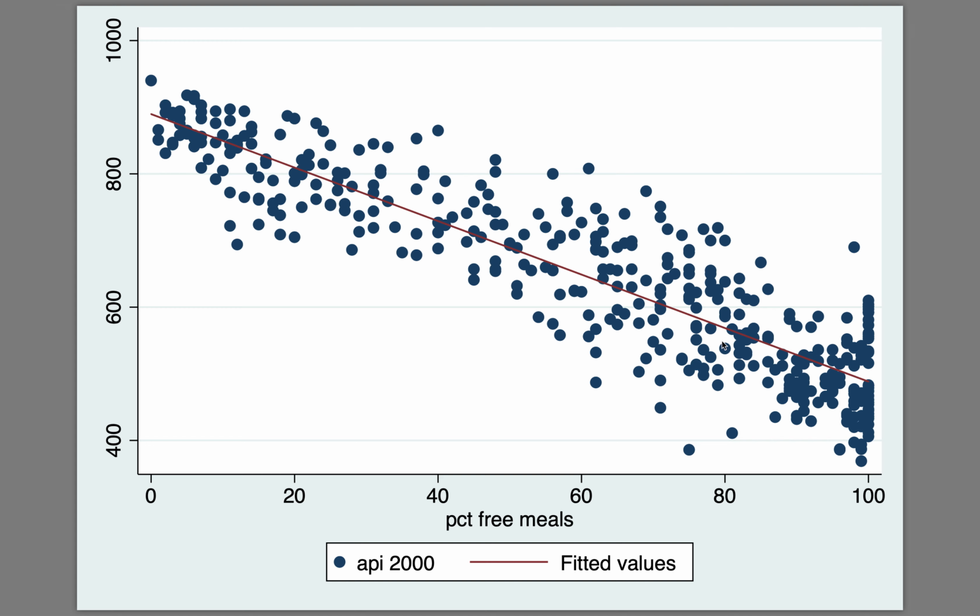You can even look at it and see that there is a linear relationship here between them. As percent free meals goes up, API in 2000 goes down. So the assumption is met when looking at meals.